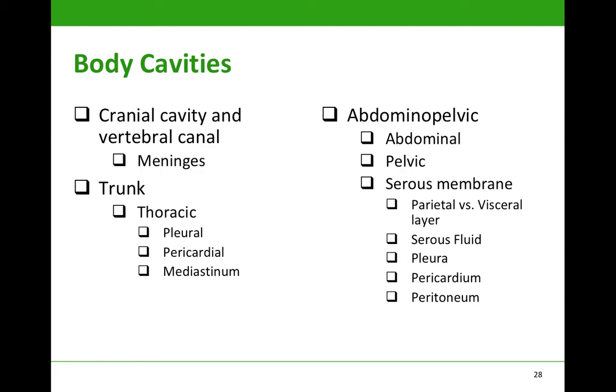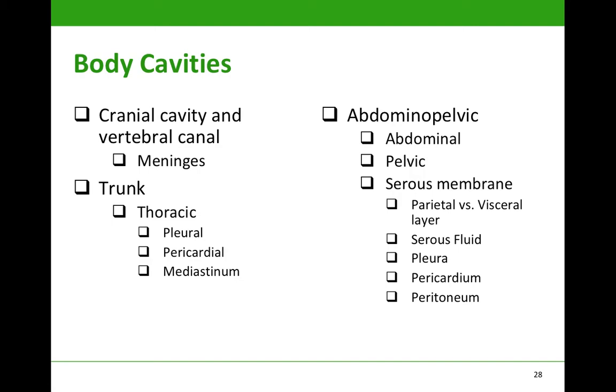So in the thoracic and abdominal cavities, those membranes have a thin, slippery serous membrane. That serous membrane will cover the viscera, or the actual organs that are in the cavity, and it will also line the walls of the thorax and the abdomen. So here, the layer of this membrane that actually comes into contact with the viscera, or the organs, is called the visceral layer.